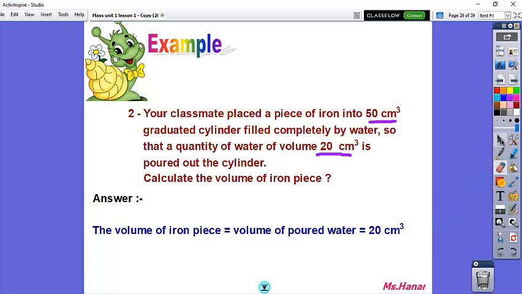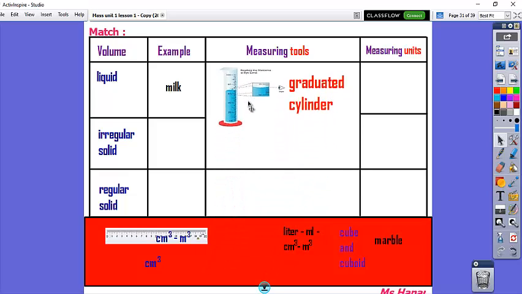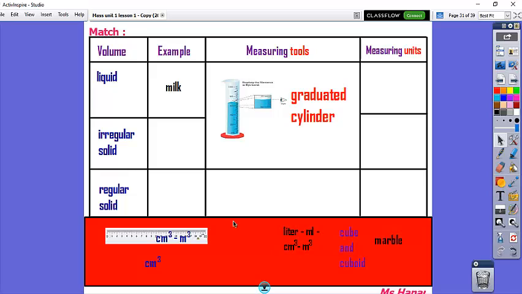Now, time of matching. Liquid, regular solid, irregular solid. Examples, measuring tools, measuring units. Now, which word is suitable for these squares? Example of liquid: yes, milk. Which tool is used to measure the volume of milk? Excellent. This picture, because it is a graduated cylinder, which is used to measure the volume of liquid.